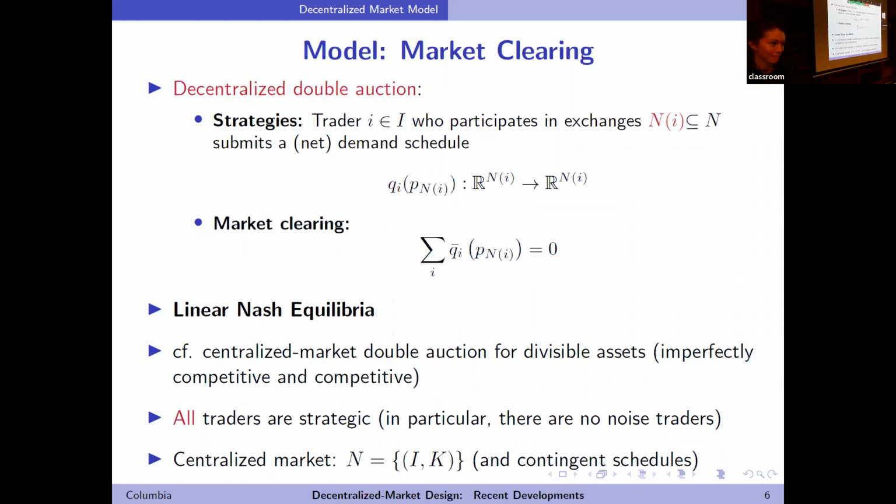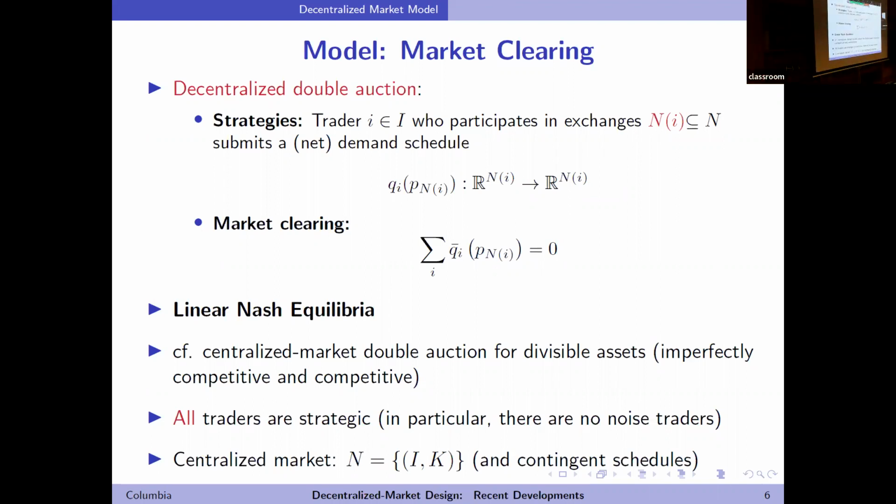Suppose in the centralized market, in this example, I only trade one asset. In that case, it's different, right? Because then I will be submitting demand for that asset contingent only on that price, whereas in the centralized market, the demand that I must submit must be contingent on the price of the asset that I have and the price of the other asset that I don't have.